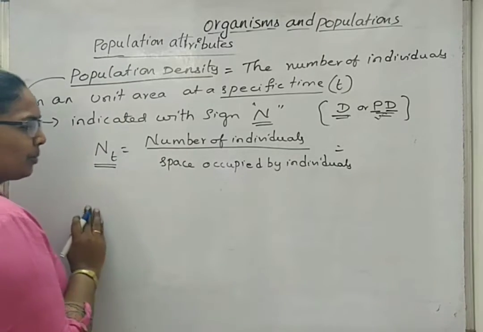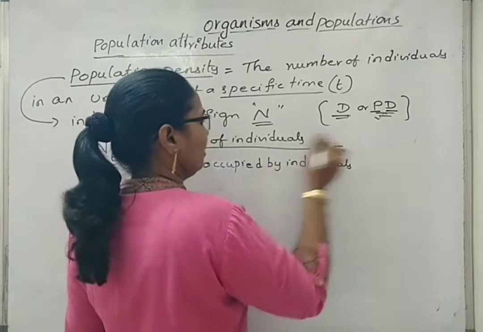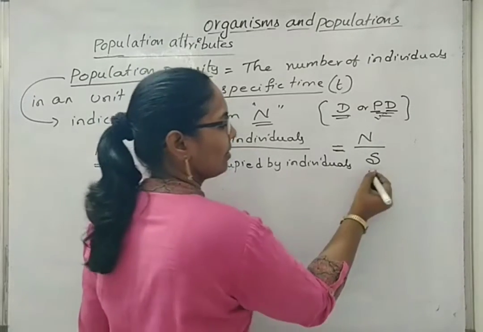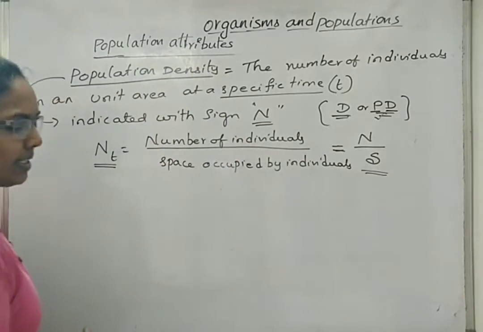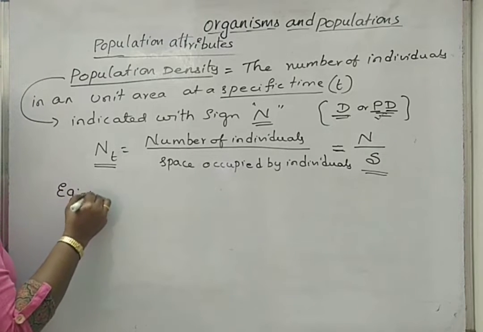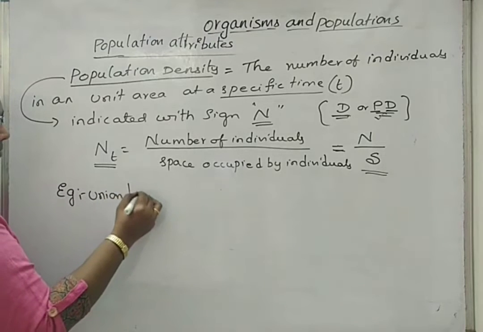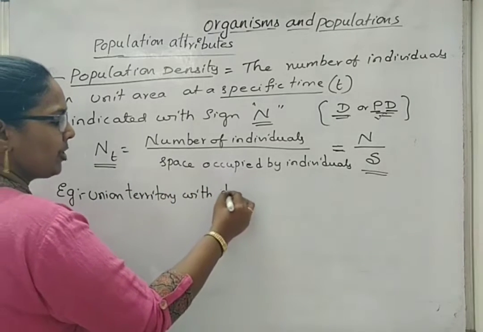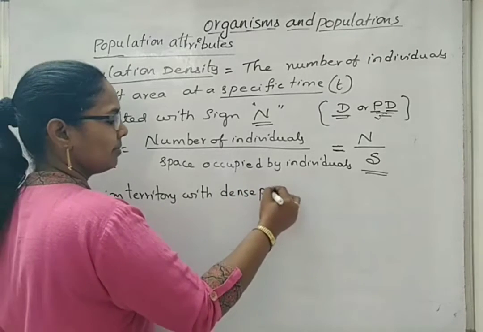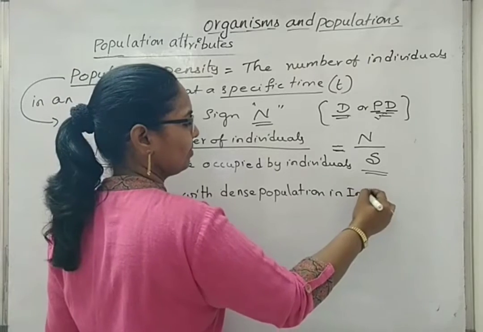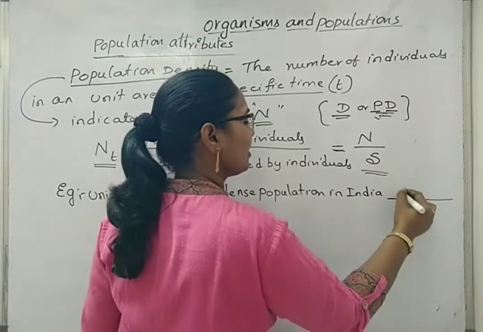We can write this as capital N by S, which indicates population density. We can write some examples. Union Territory with dense population in India. Answer can be Delhi.